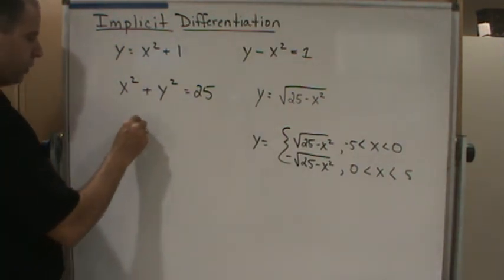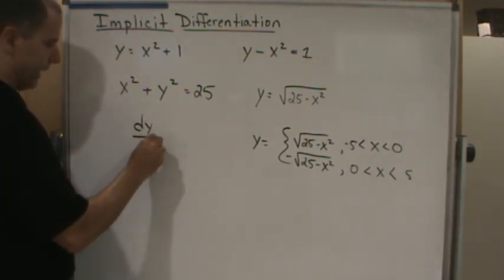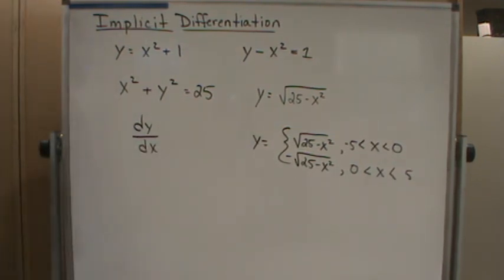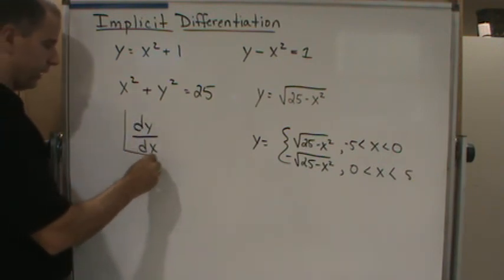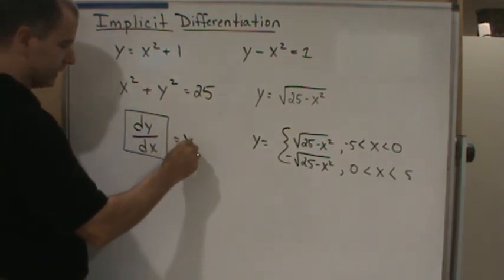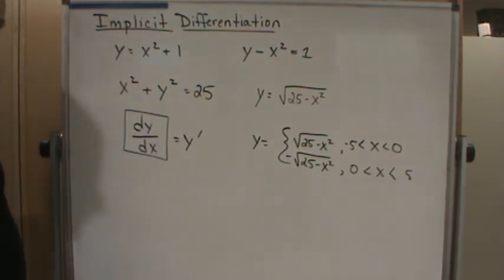We use dy/dx to represent the derivative of y when y is defined implicitly, and then we solve for dy/dx, because remember, dy/dx is the same as y prime. That's how we're going to solve these.